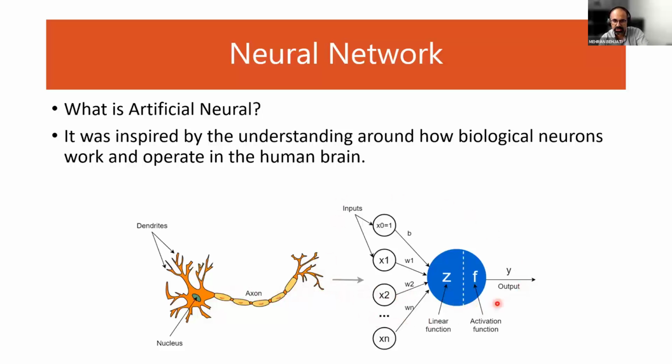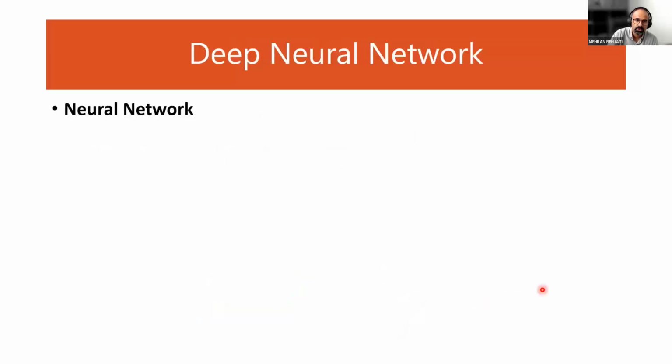In an artificial neuron, we have something similar: inputs go into a neuron, in this neuron we do some simple operation such as multiplication and summation, and we have an output. What we are doing here is a mimic of the biological neuron.